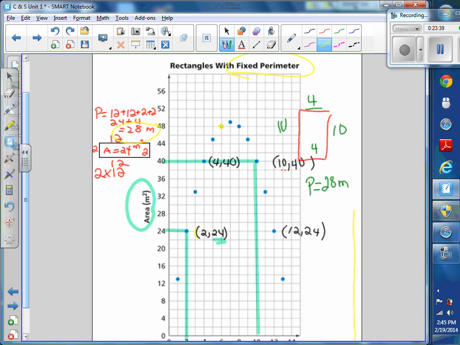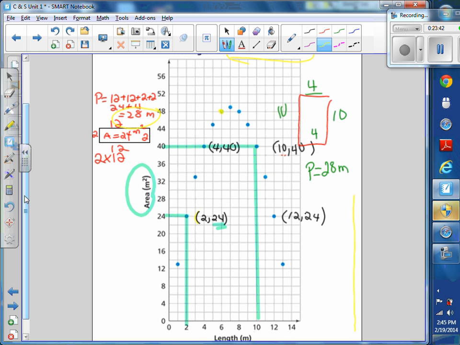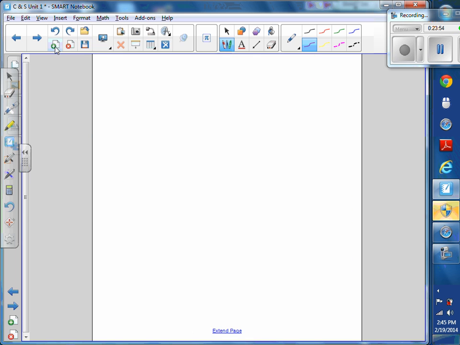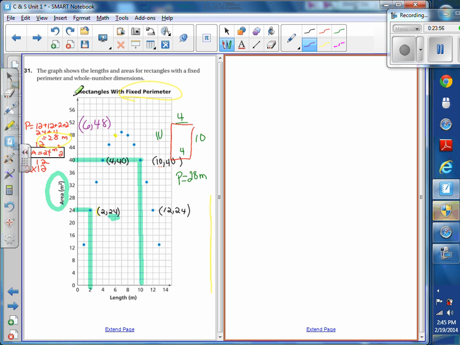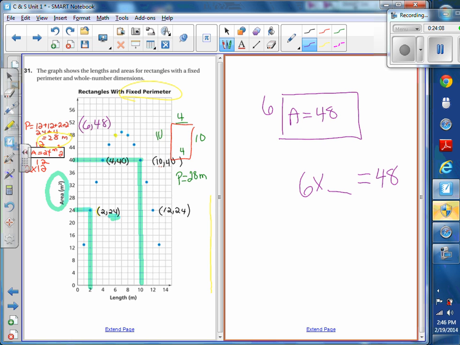This point, if I scroll all the way down, is 6, 48, right? Yep. So it's 6 by something that gives me an area of 48. So 6 times what is 48? 8. Yes, 6 times 8. Good. So what's the perimeter then? 28.